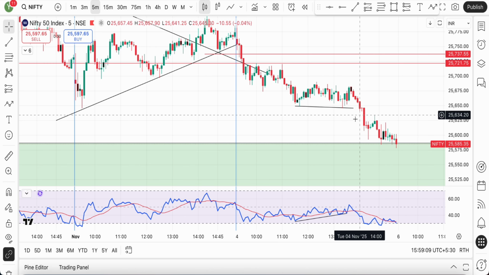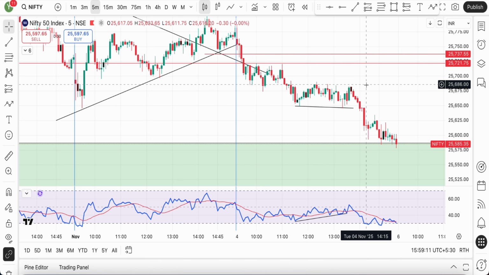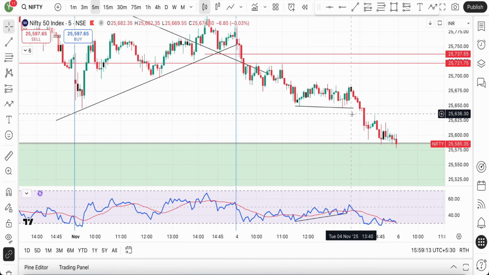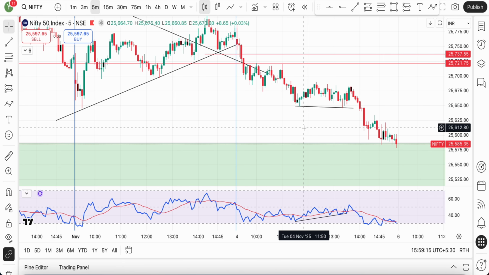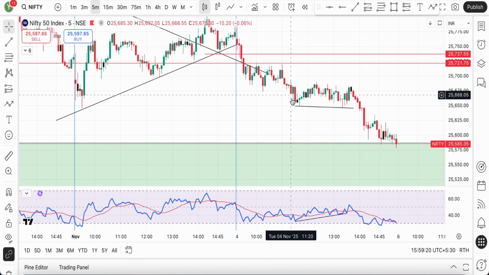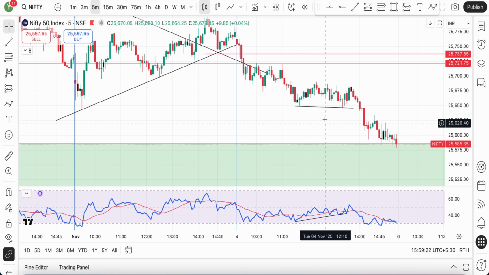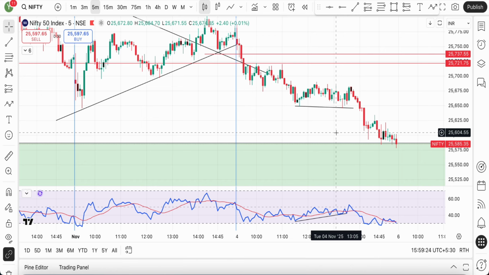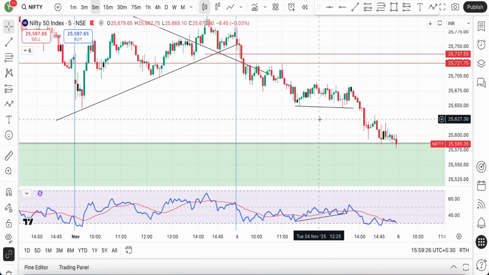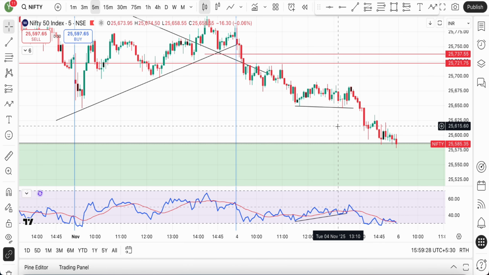So we need to give first preference to the price action, right? And RSI is secondary. RSI could have been used in case you were in a short trade; this could have been your signal to exit the short trade because of the divergence. But it does not mean that we are going to go long from here, or that we're only going to look at the long opportunities, right?